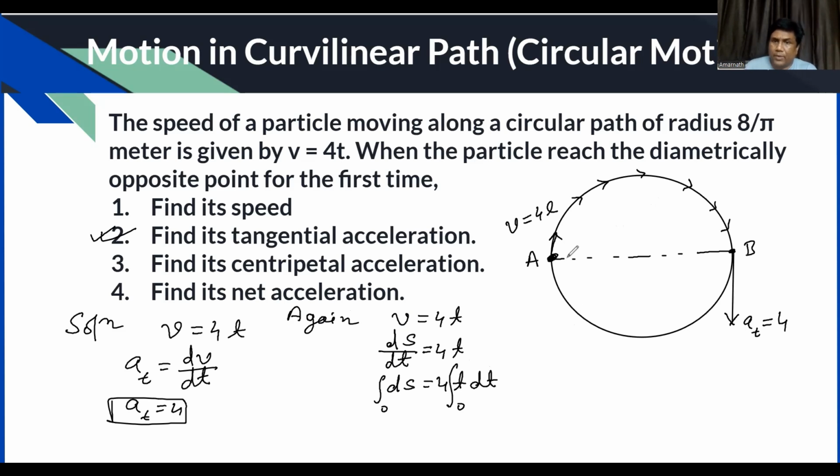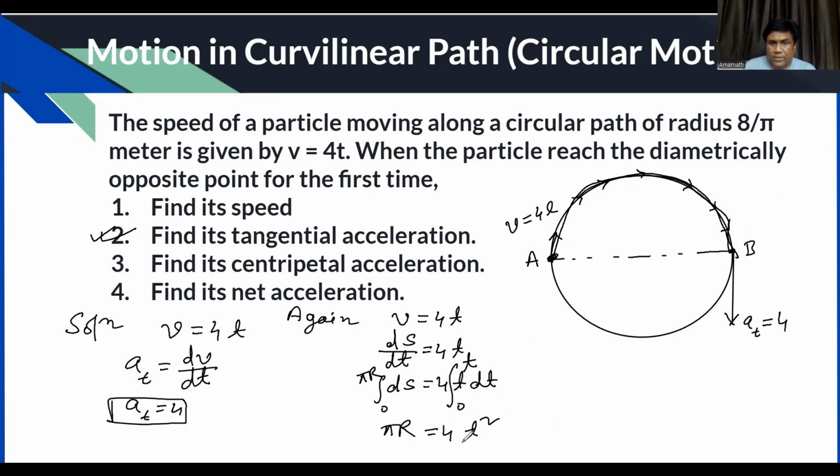But when the time is t, say from here to here, the total time taken is t, then the distance traveled will be pi into r. You know that a complete circle is 2 pi r, so half of the circle will be pi r. So you have to integrate all these things. This is simply pi into r, and the integration of t dt is t square by 2.